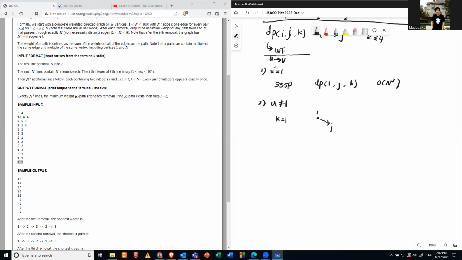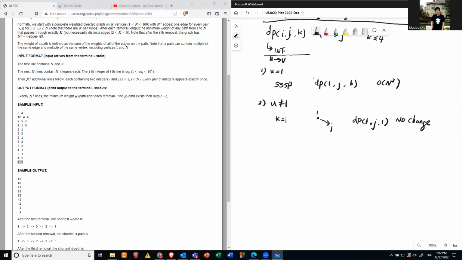But this one is not updated because u is not 1, so there's no change. So if k equals 1, dp of 1 to j of 1, no change.